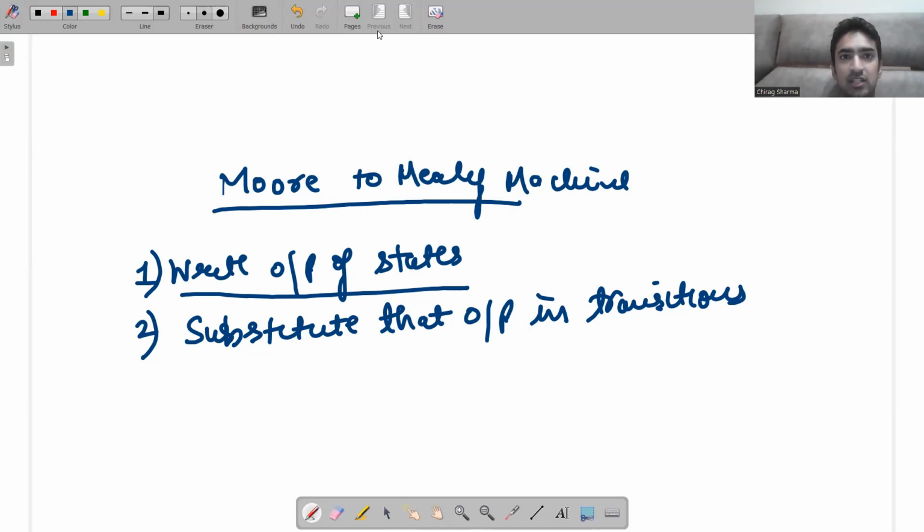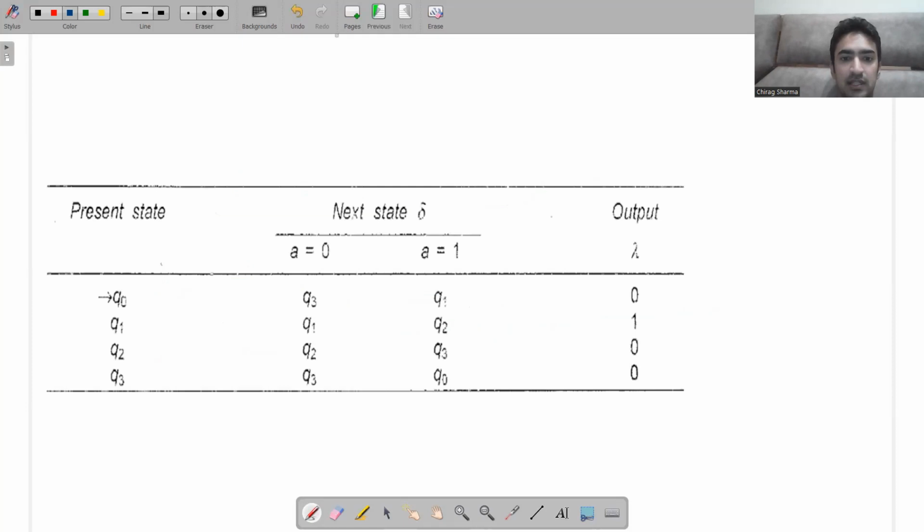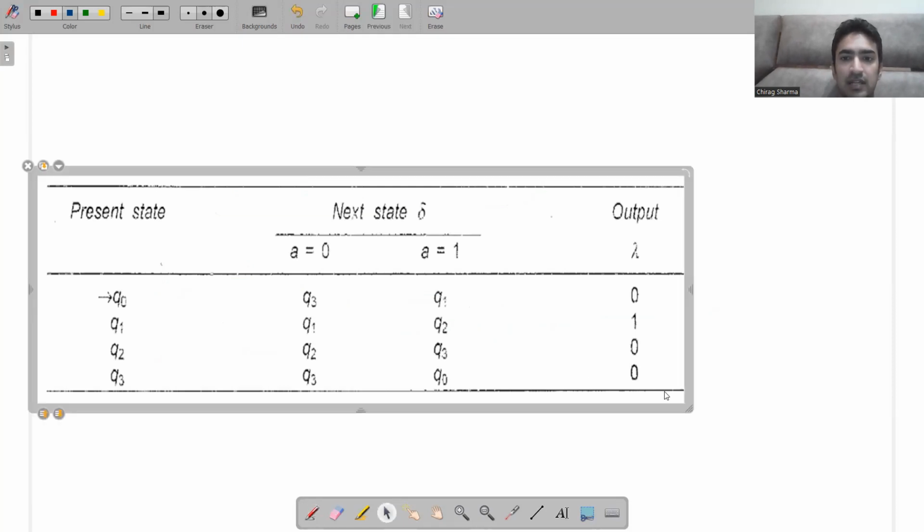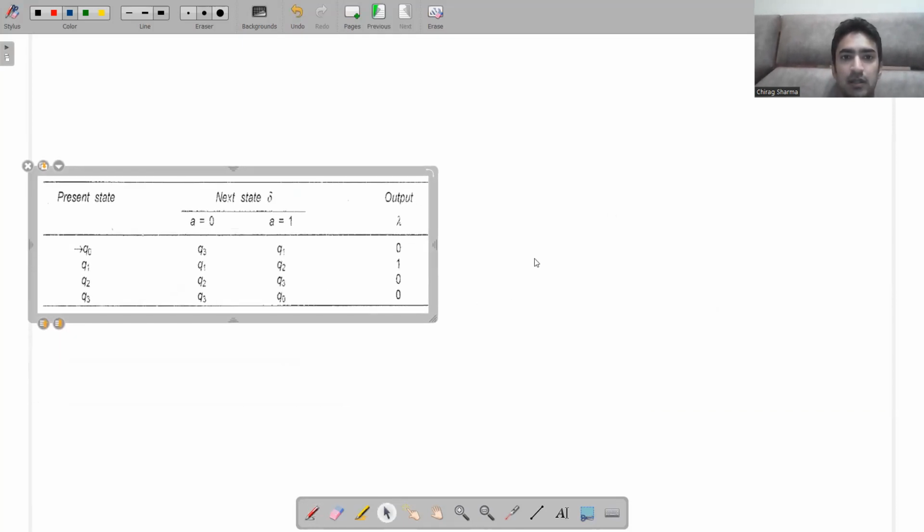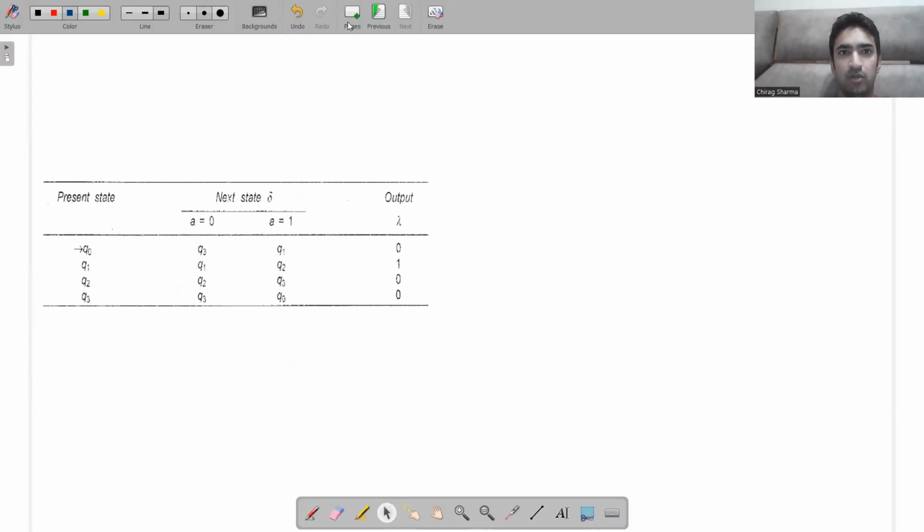A simple example I can show. You can see over here we have a particular example. What you need to do is write the output of states. Every state is associated with an output since it is a Moore machine.